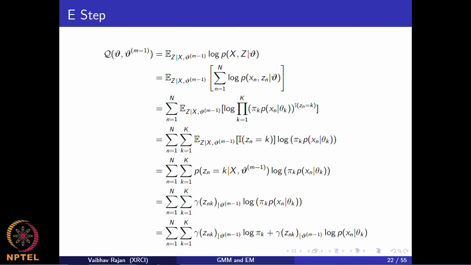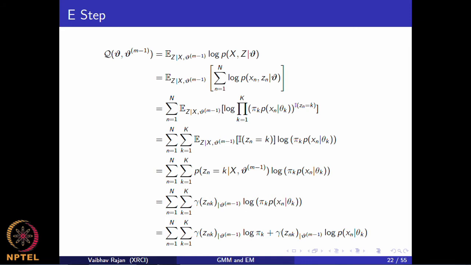And so, the log likelihood comes straight away from this formula after using the indicator function here, and this gives us the complete data likelihood.